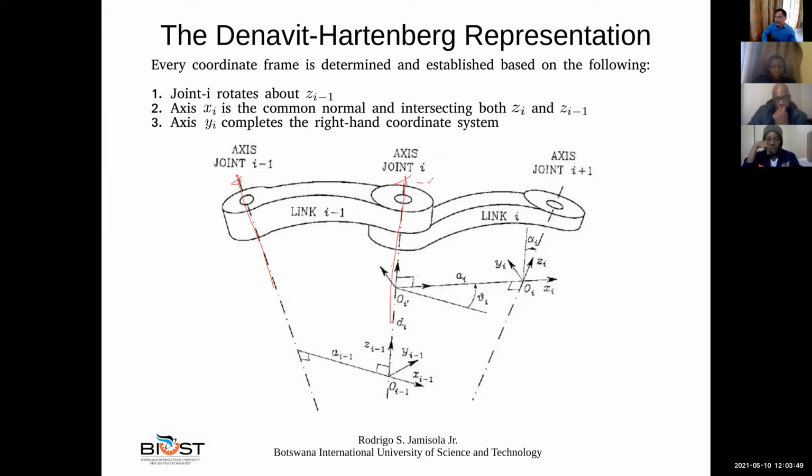We only do the z-axis: zi is there, and then we define zi minus 1 here. Now we say that our xi is here, perpendicular to zi and also perpendicular to zi minus 1. And this is your xi.